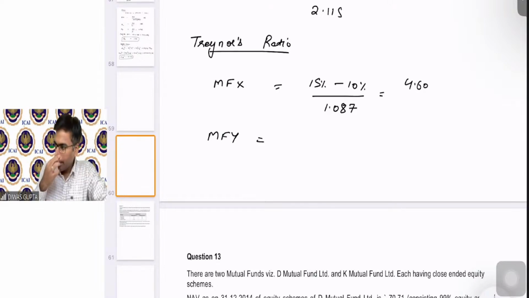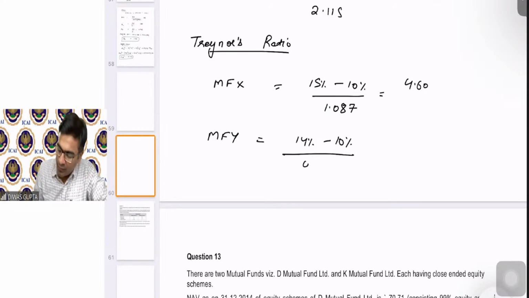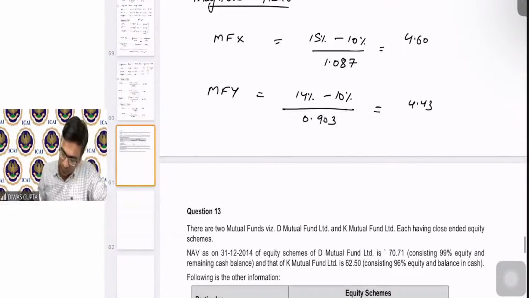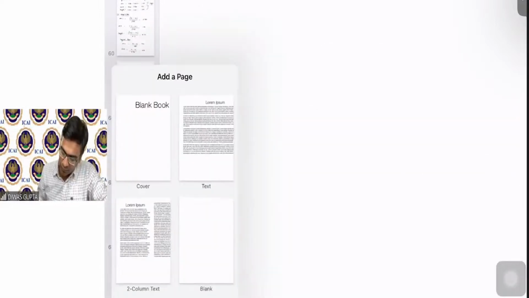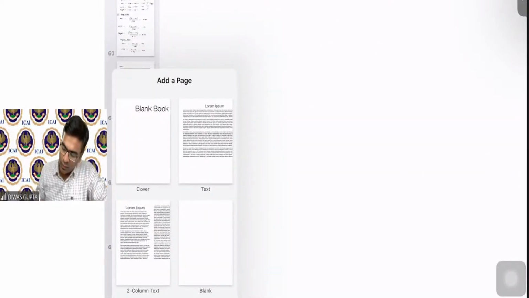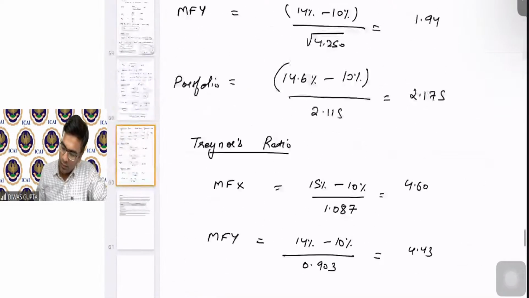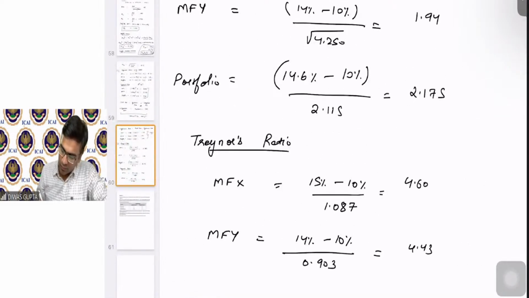Y will be 14% minus 10% divided by 0.903, which is 4.43. Okay, sorry.